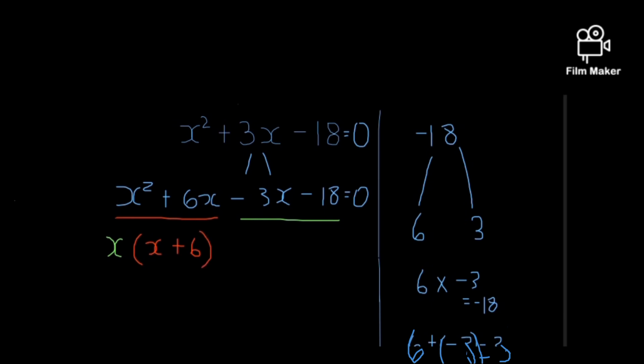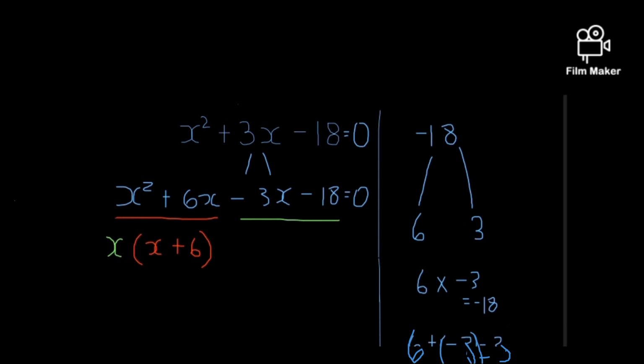Now our aim is to also factor the negative 3x minus 18 so that we'll have x plus 6, just as what we have here in the first bracket, we'll have x plus 6 in the second bracket.